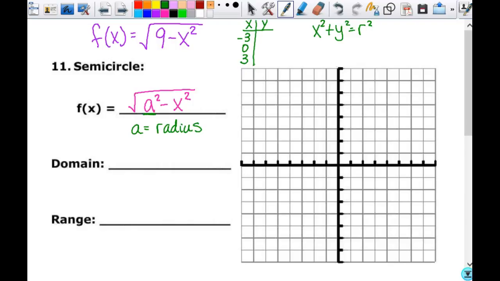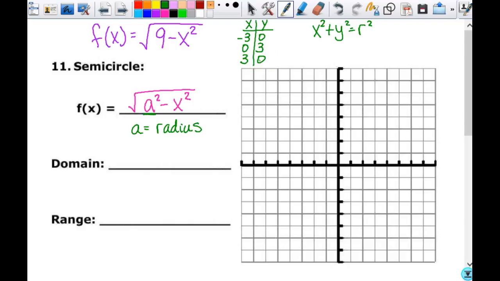So to think generically about what the domain is, well, actually, let's go ahead and do this one and we'll graph it. So if x is -3, what is y? 0, because -3 squared is 9, and 9 minus 9 is 0. I plug in 0, what do I get? 3. And I plug in 3, I get 0.